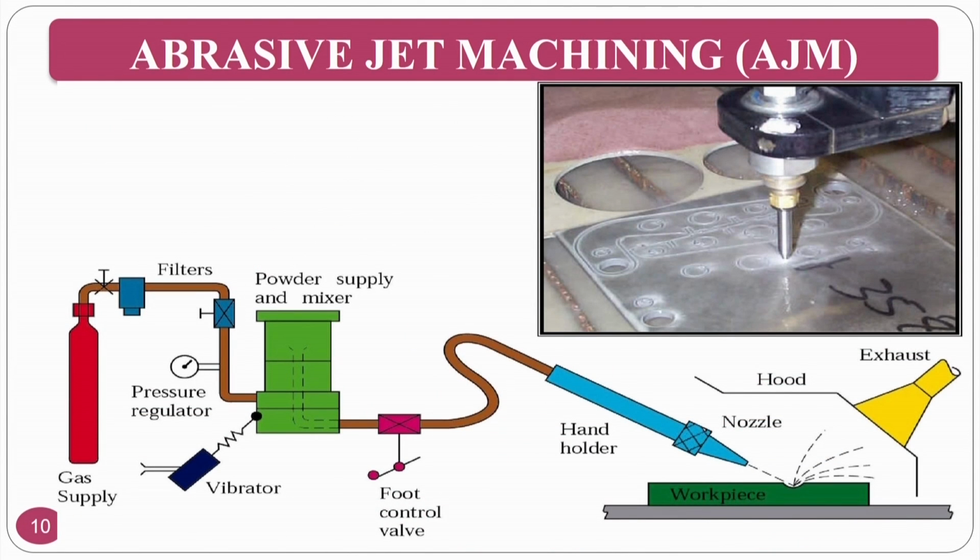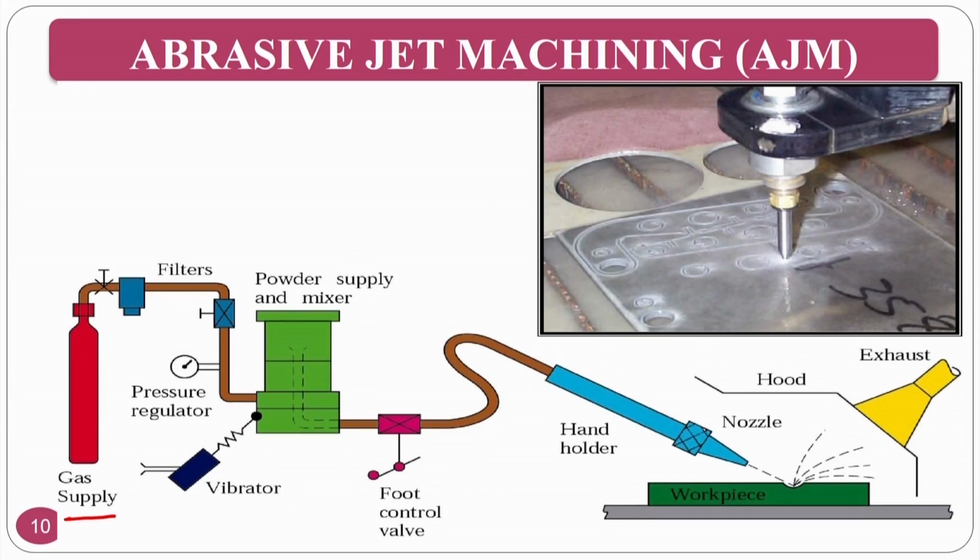If you see the schematic diagram and the picture, normally the gas is compressed and air will be supplied. The main motto is to show you how the system looks, and you can also see the practical setups developed by some of the IITs.